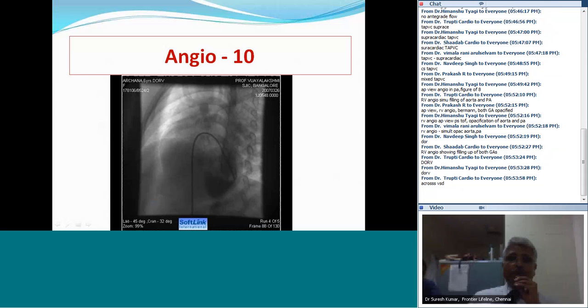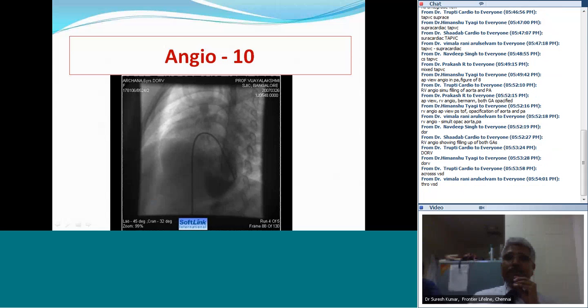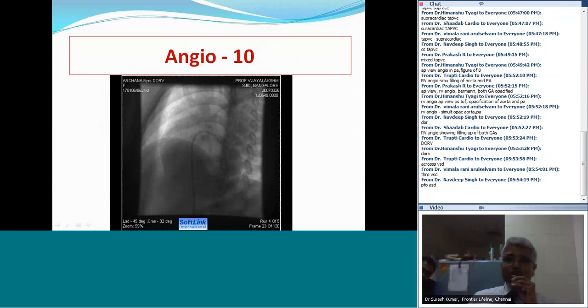Okay, what are the syndromes that are commonly associated with peripheral PS? This may be a repetition of things we've already discussed, but if I asked you the question, what are the syndromes? Correct. Williams and Alagille, that is perfect. Those are perhaps the most common.